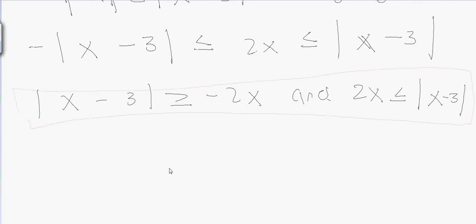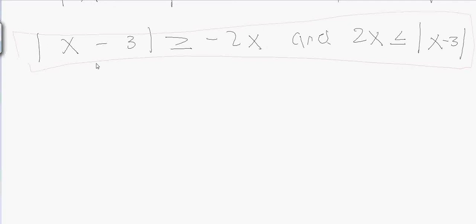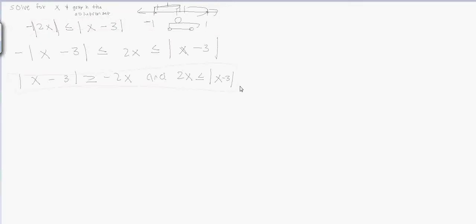Okay, now we're going to solve the first case, which involves the absolute value of x minus 3 greater than or equal to negative 2x. The absolute value of this binomial greater than negative 2x could be written as x minus 3 is less than or equal to 2x, or x minus 3 is greater than or equal to negative 2x.